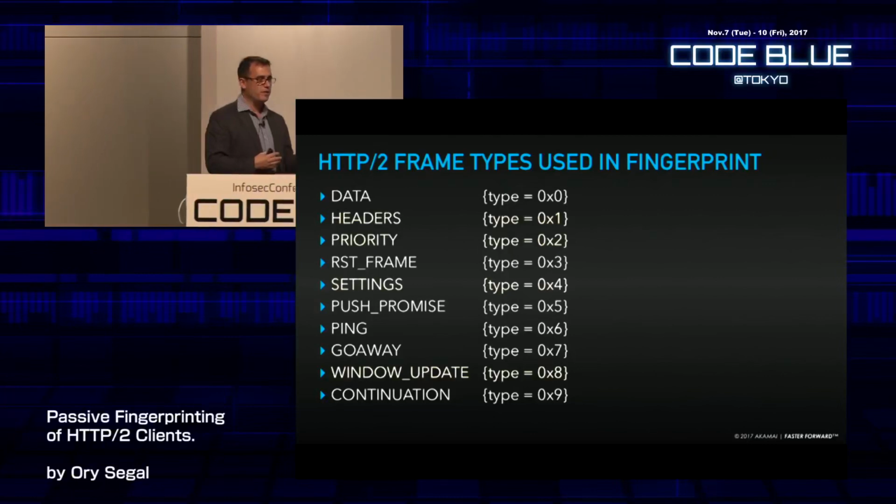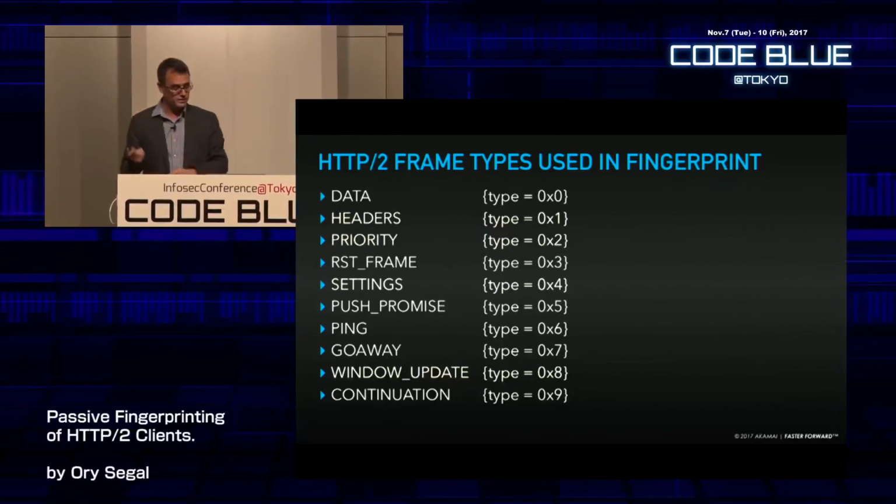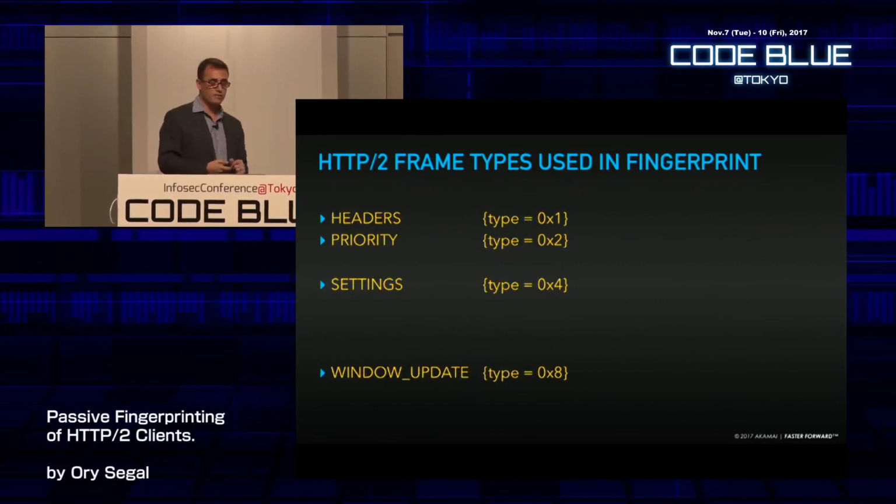And obviously to be unique, to have enough entropy so that I will be able to separate between the different clients. So out of these frames, the only ones that we could use for the fingerprinting were these: the headers frame, the priority frame, the settings frame, and the window update. Fear not, I'm going to explain at a very low level now how they are used.